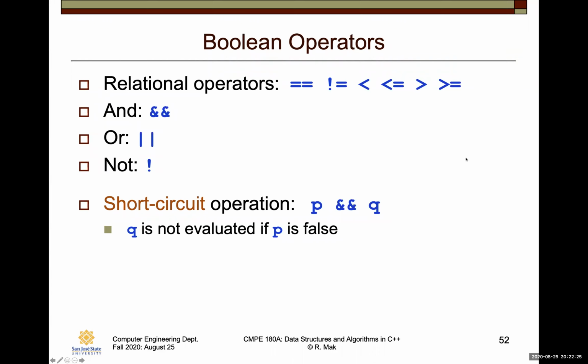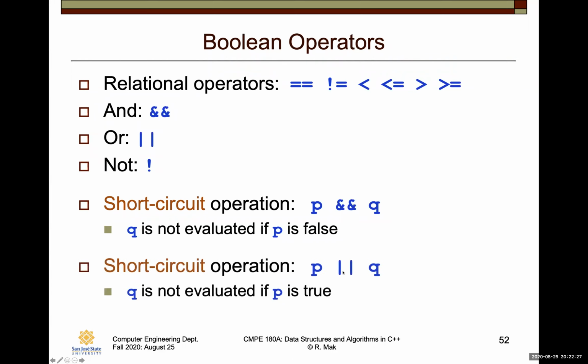Okay, so that saves a little bit of execution time. Now, similarly, the or, so here this is P or Q, an or expression is true if either one or both of the variables are true. So if at runtime the computer evaluates P and sees that it's true, then it knows that the whole expression is true.